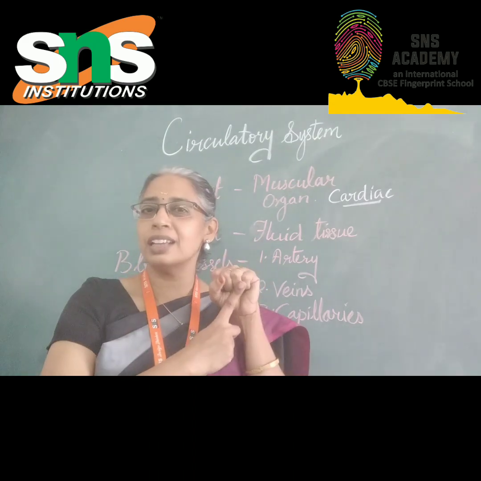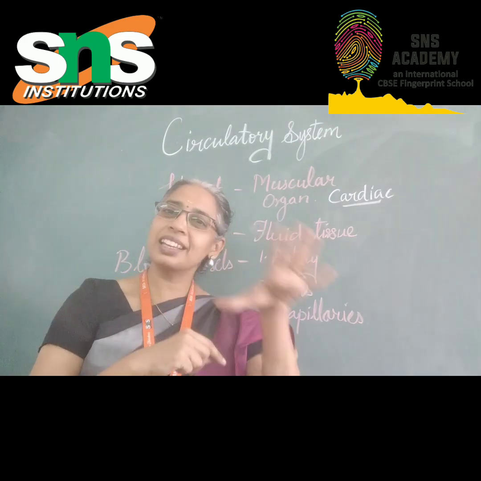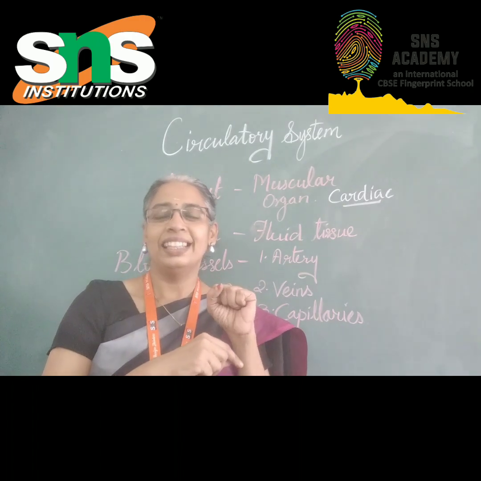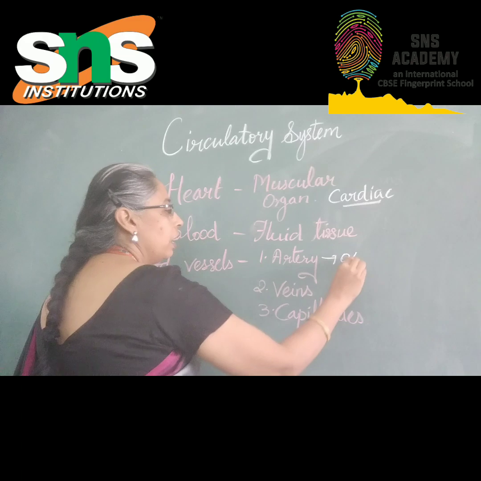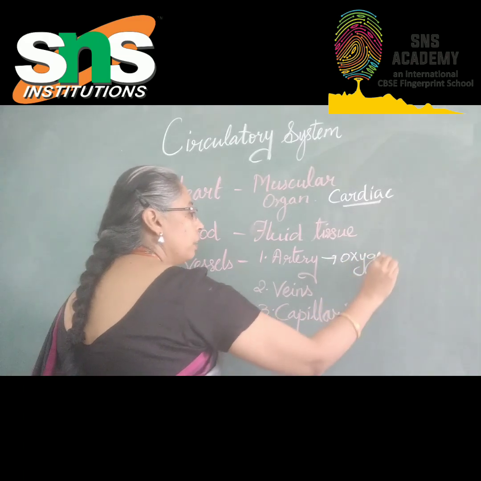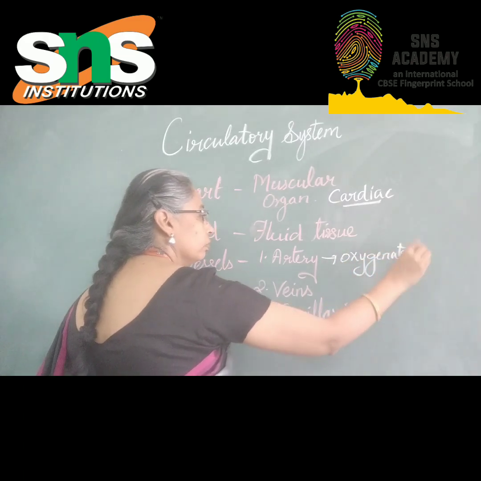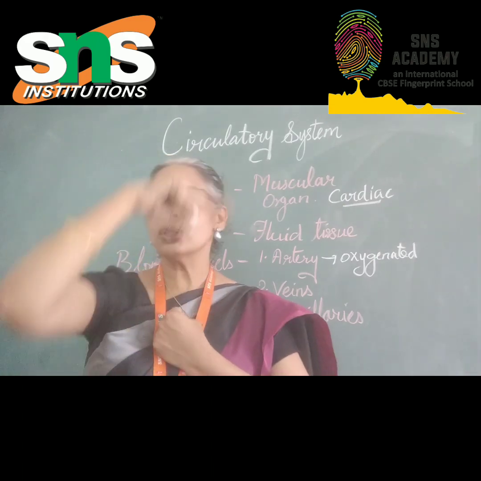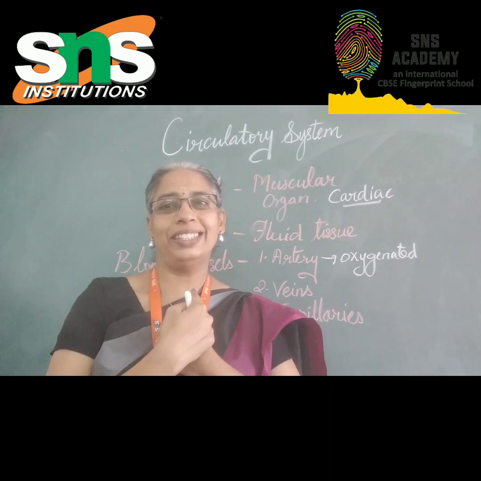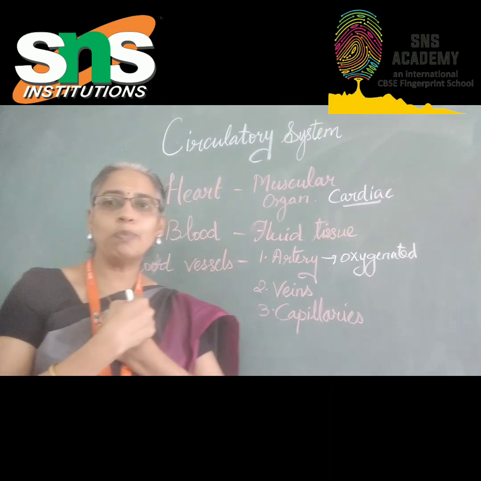This can be the heart, and from the heart it is taken to all the parts of the body. That is done by the artery. The artery will carry the oxygenated blood from our heart to all parts of our body. So it carries the pure blood.